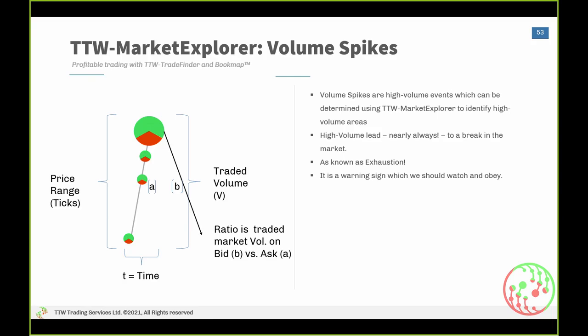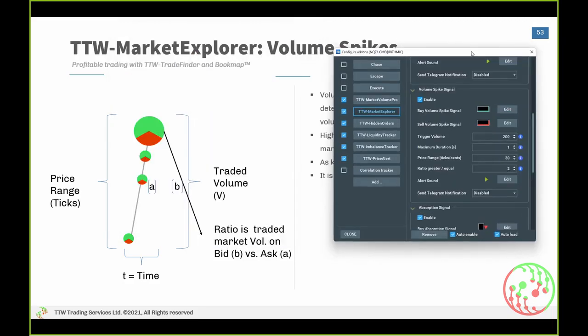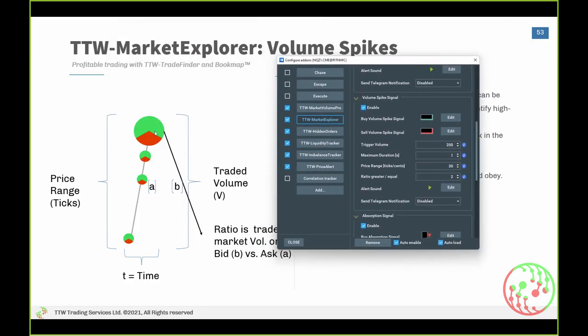The measures of volume spikes are volume, the time, and the price range, which depends on instrument size. If it's a stock, you should define 20, 30 cents or even 50 cents if you want to see the big ones.